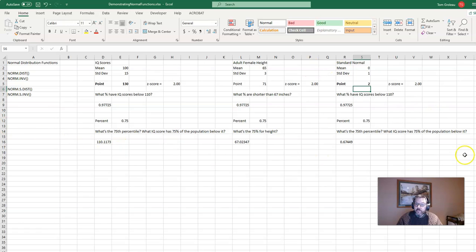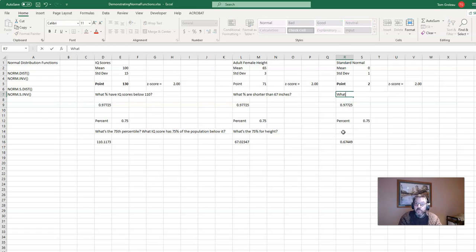And I get the same kind of information. And it's not IQ scores, it's just what percent of Z's are below. And the same thing for the percentiles.